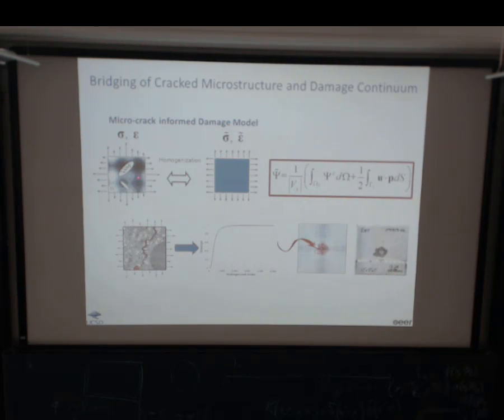I'll hopefully be able to simulate the crack propagation in the microstructure. Then I'll compute the Helmholtz free energy in this cracked microstructure plus the surface energy. And I'll then assign this as the Helmholtz free energy history of this homogeneous continuum.